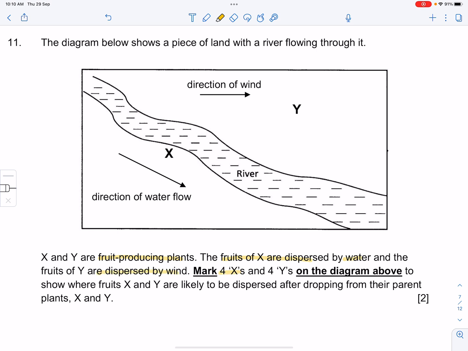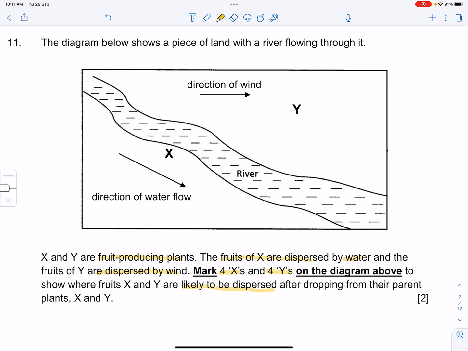Mark 4 X's and 4 Y's on the diagram above to show where the fruits X and Y are likely to be dispersed after dropping from their parent plants X and Y. Okay, now, so this is what happens. When you do this kind of question, obviously the question is on fruit or seed dispersal.